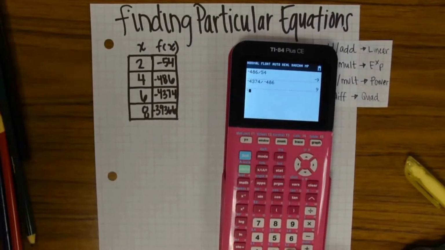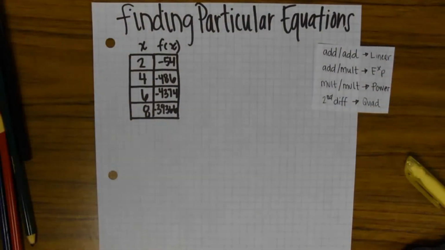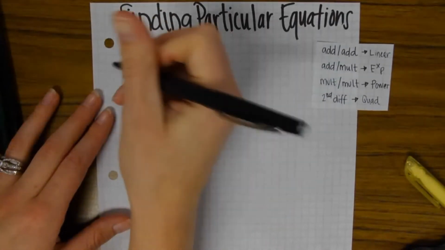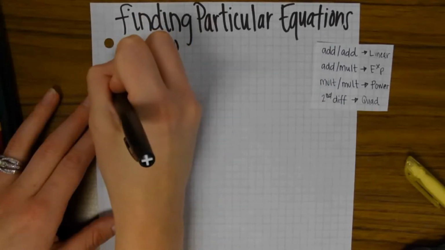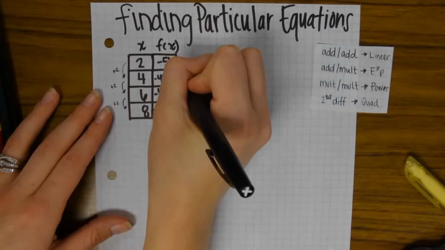Then let's just try it one more time. -39,366 divided by -4,374. We get 9 again. So it looks like this is an add multiply pattern, because each time we go up a row, it's multiplying by 9.